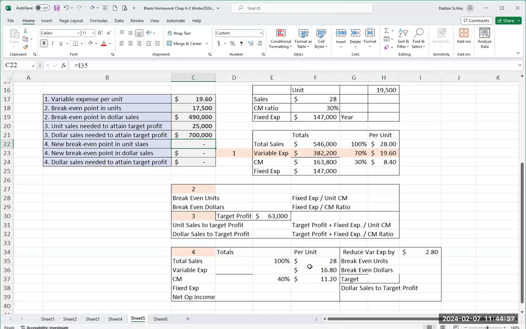So again, that's going to be equal to the fixed expense divided by my new contribution margin per unit, right? Because I'm getting it to unit sales. So the dollars divided by the dollars gets me to units. Okay. And then my new break-even point in dollar sales is going to be equal to my fixed expenses divided by my new contribution margin ratio.